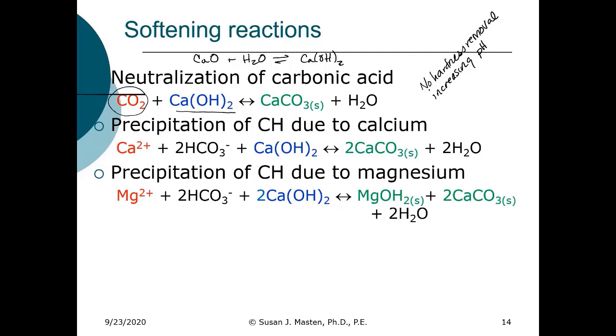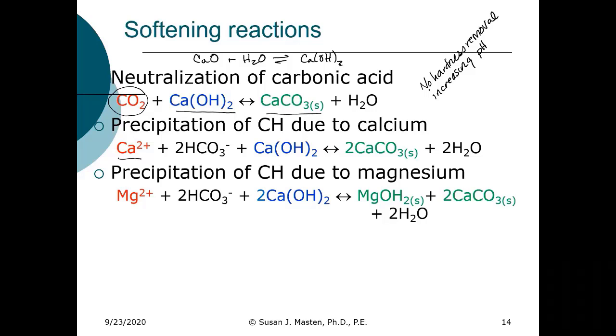So we precipitate the CO2 and hydrated lime as calcium carbonate. So we're producing a sludge. I've shown the sludge that we produce, the solid residual, in green. I've shown the chemicals we're adding in blue and the reactant in red.